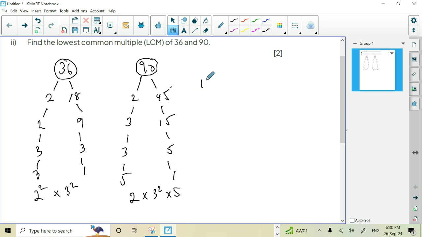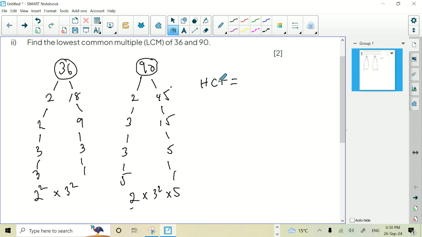Now they want the HCF. Now there's a cool little thing here that you can do. It's a process in mathematics, and what you do is to find the HCF, you take the smallest powers of the numbers which are common in both. So the smallest power is the 2 here.